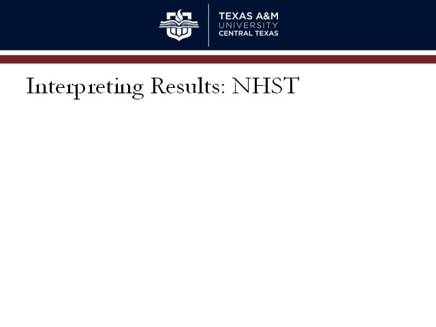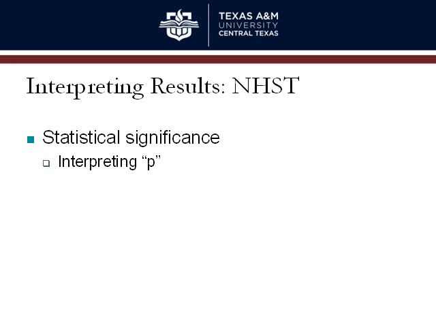Okay, in terms of interpreting the results of null hypothesis statistical testing, we throw around the term statistical significance a lot, right? People talk about, oh, the p-value is this and alpha is that. Well, what does the p-value mean? Well, a p-value is a value that, whatever software package you're using, most likely SPSS or SAS, is going to generate. And it's not what some people think it means.